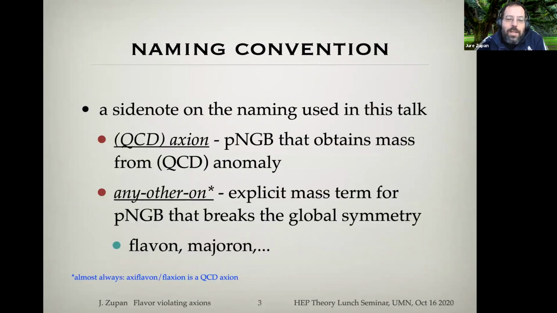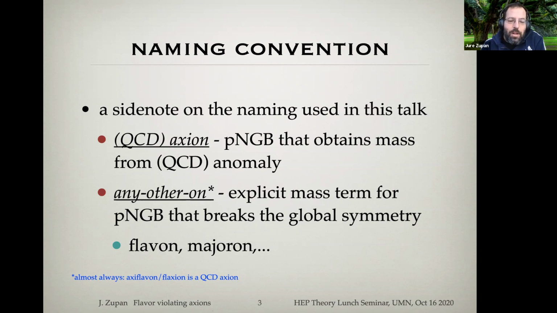So there's gonna be a few names floating around. The convention is, whenever I talk about the axion or QCD axion, then the mass will come from the anomaly. Anything else that ends on -on, like a flavon or majoron, will have an extra explicit breaking of the shift symmetry, which will be the mass. It's not foolproof, this naming convention.